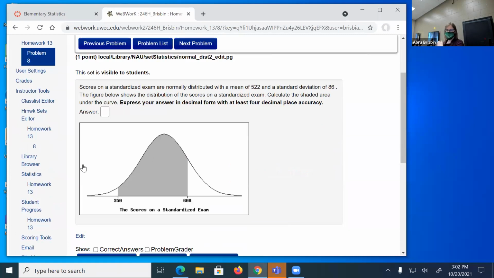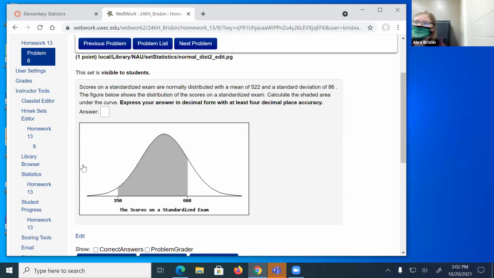Okay, so this is the one where you're given a normal distribution and you're asked to find the area that's shaded in gray. All right, so for this one, your numbers might be different.